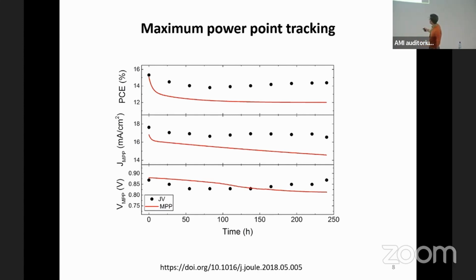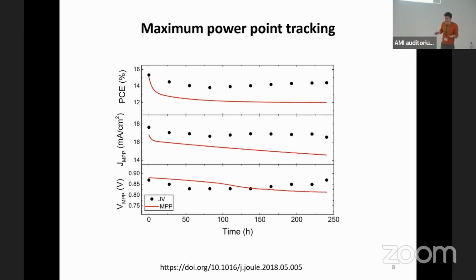So when we measure a device in MPP, that's how it looks more or less over 100 hours. And that's how the JV looks. The power conversion efficiency as extracted from the JV was systematically overestimating the actual efficiency of the device. The reason was that the hysteresis was actually higher.